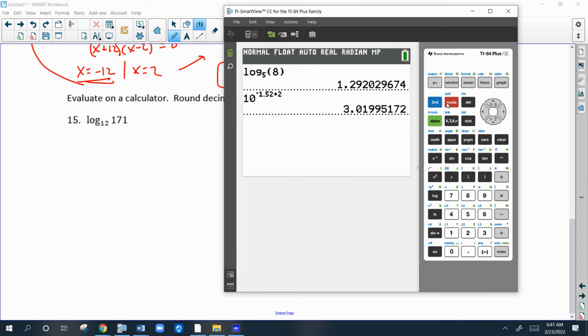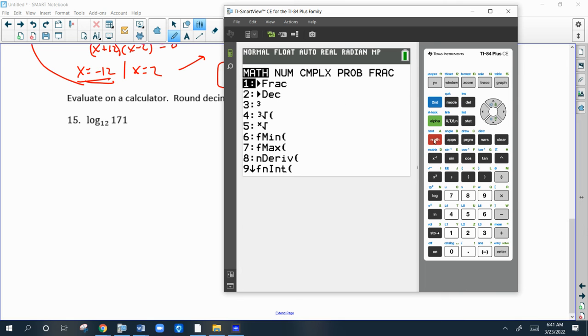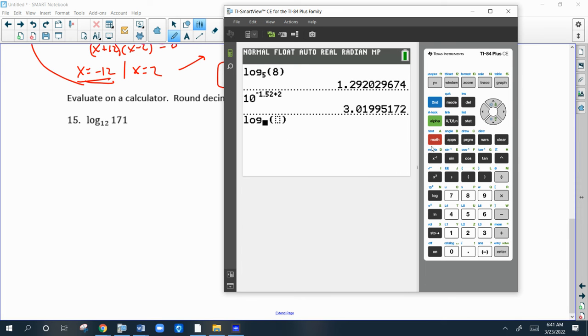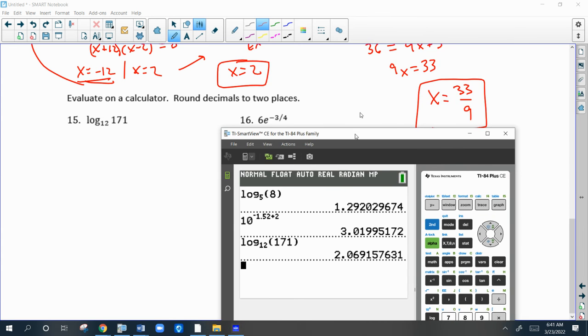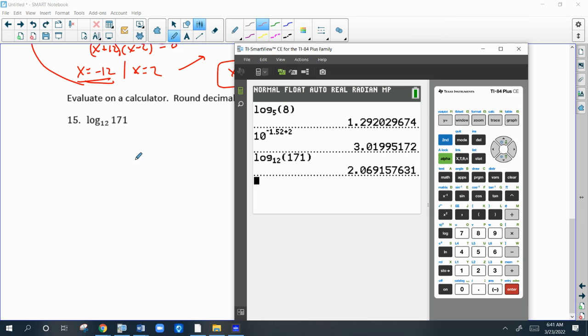Or the shortcut to log base is math alpha math. So 12, 171, 2.069, 2.07 if we're rounding. It says round to 2 decimal places, so 2.07.